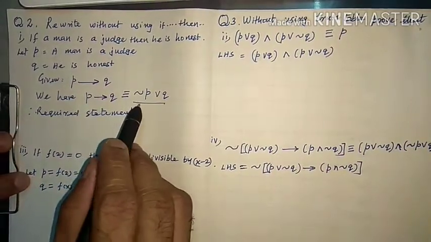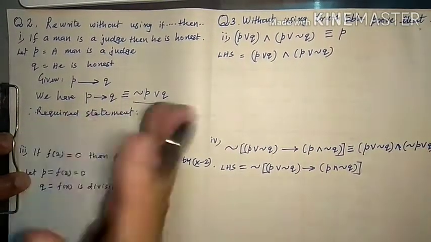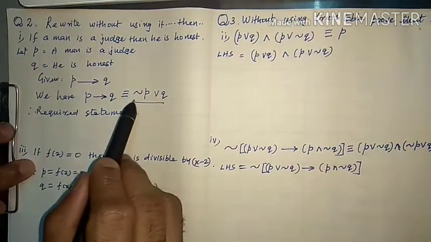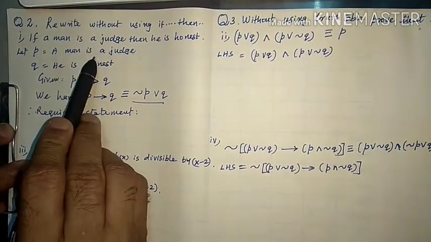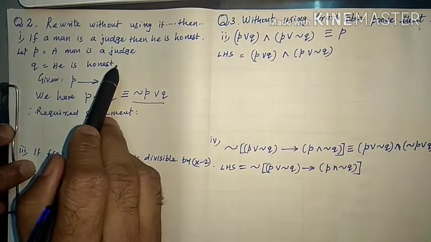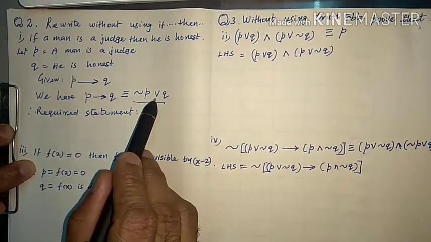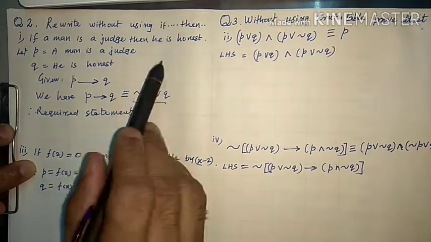Required statement is what? Not P. What is that? Negation of this: a man is not a judge. And this one, or. Second part is what?